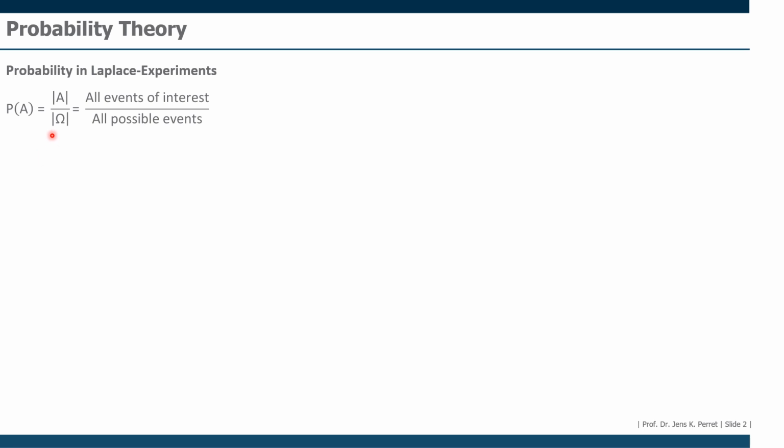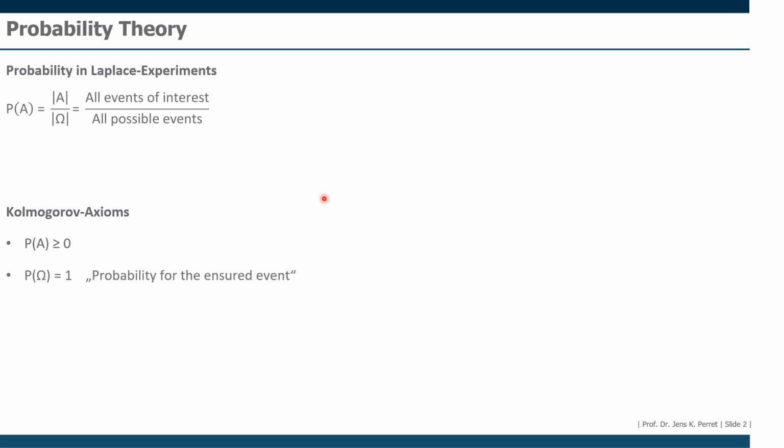What we also know are the Kolmogorov axioms, so general true statements about probability. The first one is that probability always has to be larger than or equal to 0. So it's not possible to get a negative probability. It also makes sense, because a negative probability would mean a negative number of events, which is not possible.